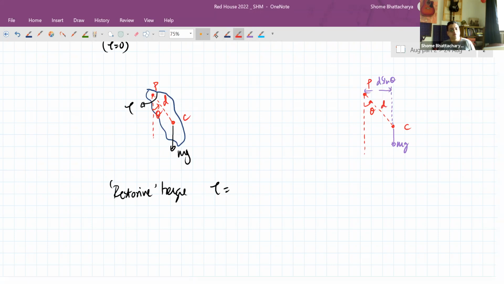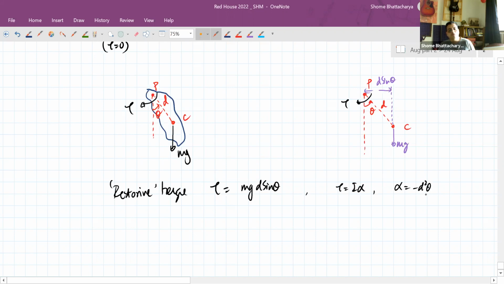Okay. So the torque that this produces becomes mg d sine theta, and this torque is equal to I alpha, where alpha is minus d2 theta by dt square, and I is the moment of inertia about the point P.